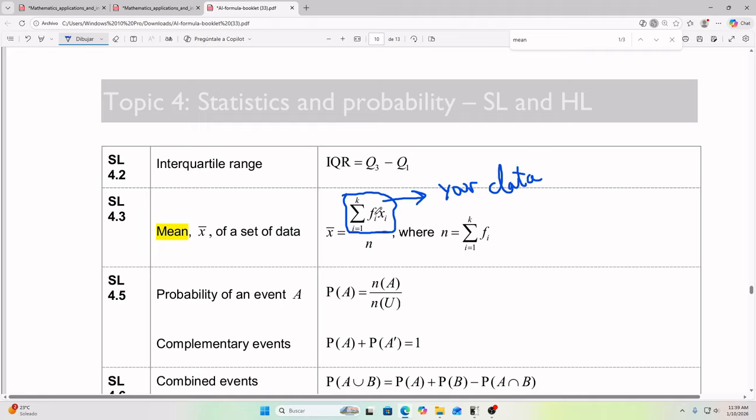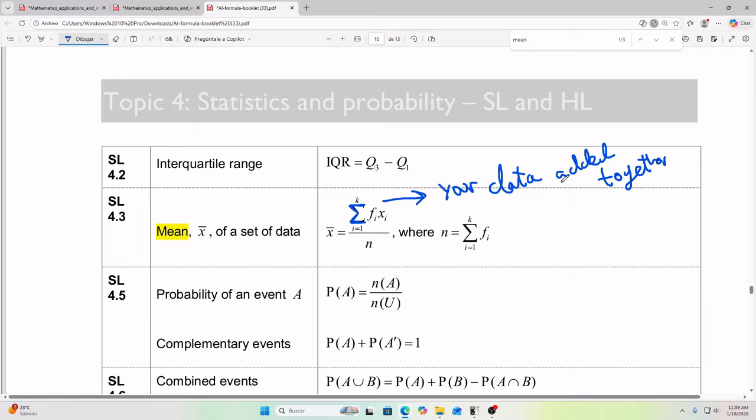The reason it might have an f times an x inside of it is because if you have a frequency list, you would do each of your data times the respective frequency. In this case, there isn't a frequency, so it's just your data added together. That's why there's this fancy symbol, which means add everything in this group.